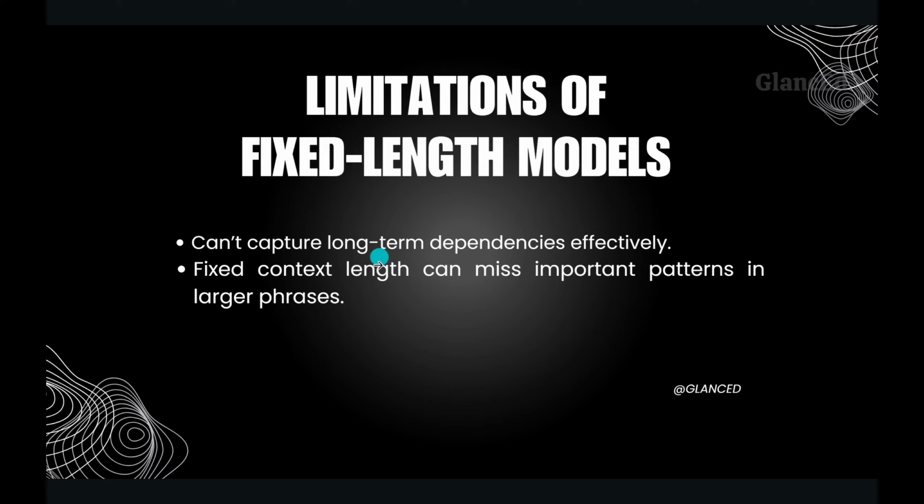So what I mean by this long-term dependencies: I've already said that if you are considering only the n number of previous words while predicting the next word, that means you can't understand how the words are related to each other. I'm talking about only the remaining words. So if you can't understand how the words are related to each other, then that particular language model might miss some important patterns in larger phrases. Okay. So these are the limitations.